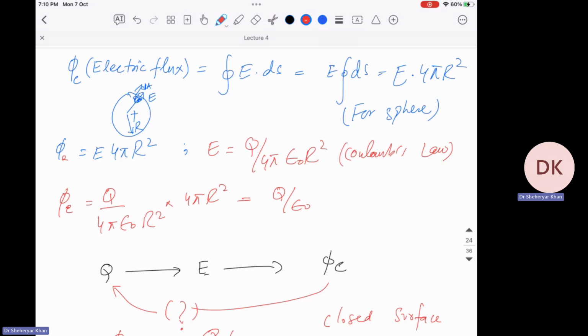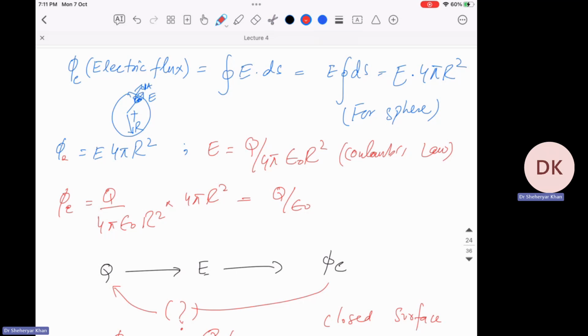Okay. Now put that one here and you will get the flux equals E times 4 pi r square. Okay. Now we also know from Coulomb's law that electric field is equal to Q over 4 pi epsilon naught r square, right?